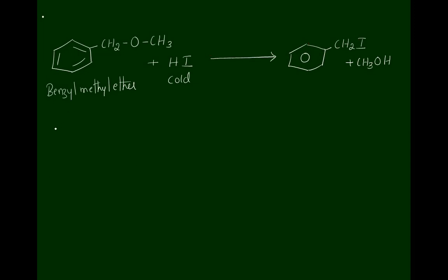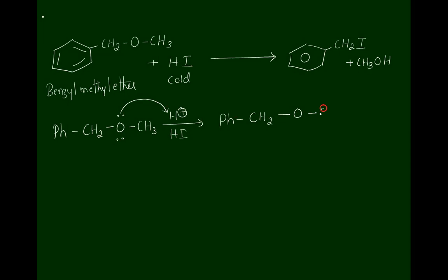We can explain it by using the mechanism. I'll write the benzene ring in terms of Ph. CH2OCH3. First, it undergoes protonation; the H plus ion is obtained from hydroiodic acid. Oxygen acts as the best nucleophile. It attracts this electrophile very easily to form protonated ether, CH2OCH3, and it carries a positive charge.